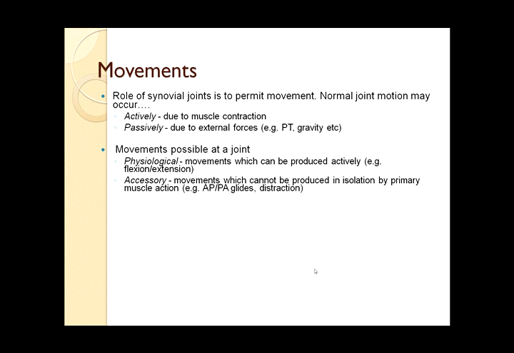For example, gliding in an anteroposterior direction of the proximal phalanx of the fingers is essential for normal flexion and extension to occur. And a loss of an accessory glide can lead to a loss of physiological flexion and extension. As clinicians, we need to be able to differentiate between physiological movements and accessory movements. We also need to be able to identify which accessory movements are important for specific physiological actions.